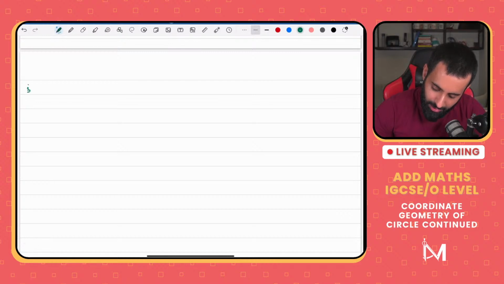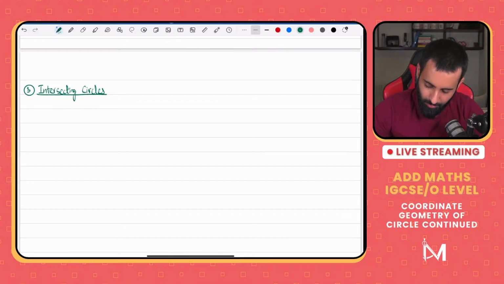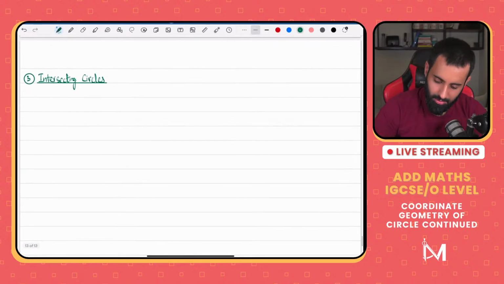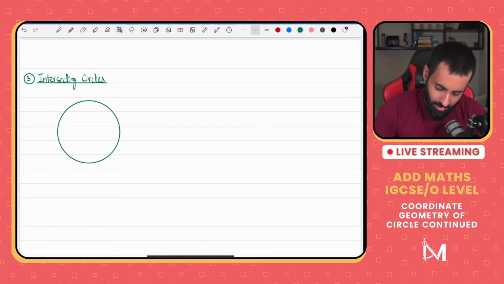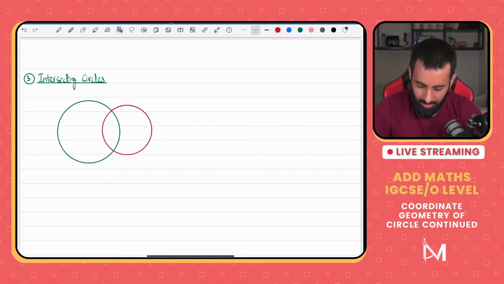Now the third and final possibility: intersecting circles. How do you tell whether two circles are intersecting? Here's one circle, here is another circle. We can see that the two circles are intersecting.